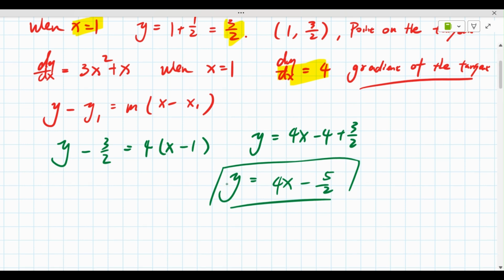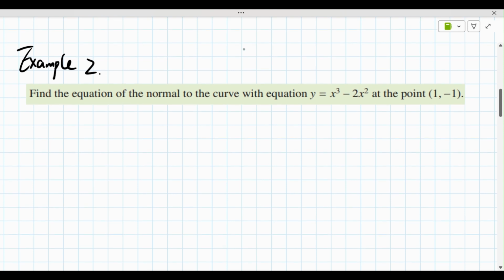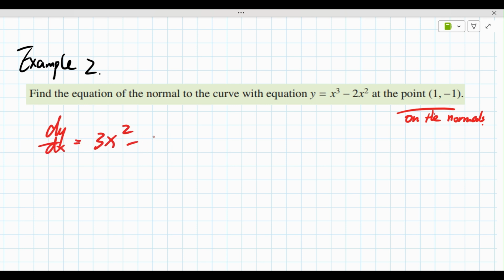Now I'm going to start with the normal to the curve equation. Same idea: you get the point, and that's on the normal. Then we do dy/dx first. So dy/dx equal to 3x squared minus 4x. When x equal to 1, the gradient equal to 3 minus 4, so dy/dx equal to negative 1.